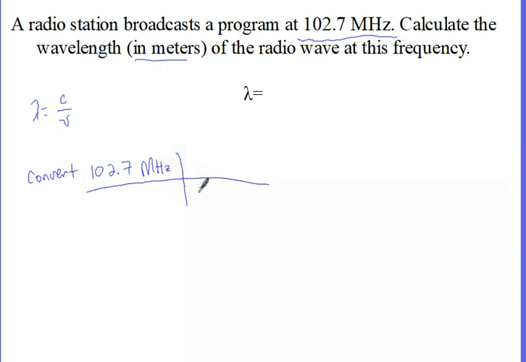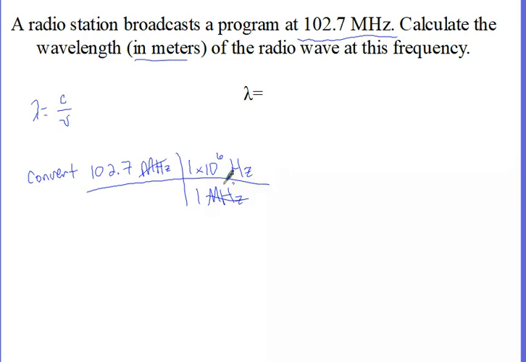Well, the prefix mega, 1 megahertz, is 1 times 10 to the 6th hertz. The prefix mega means like million, so there's a million hertz in 1 megahertz. This way you can cancel out your megahertz and get this to come out in just regular hertz.